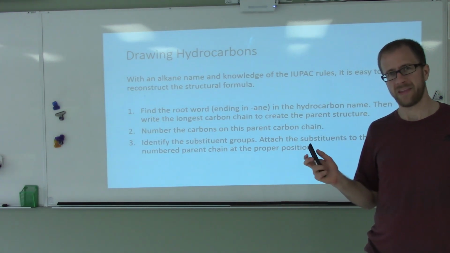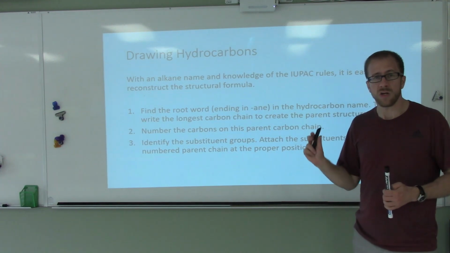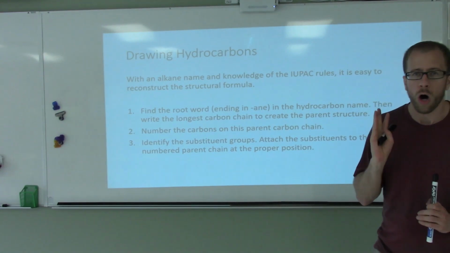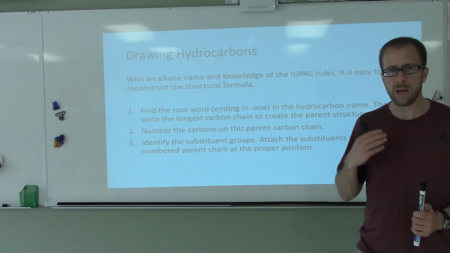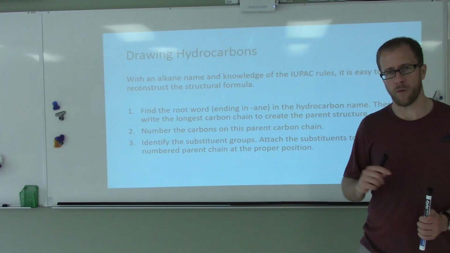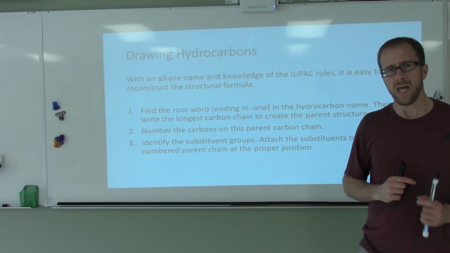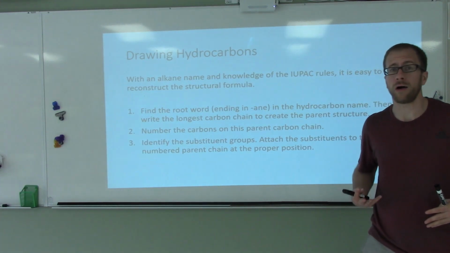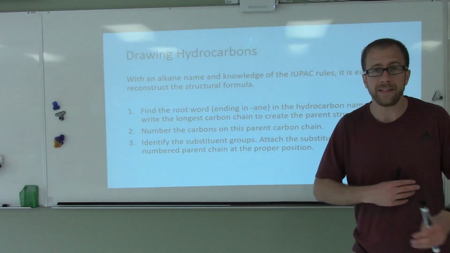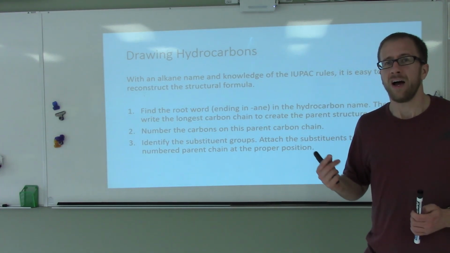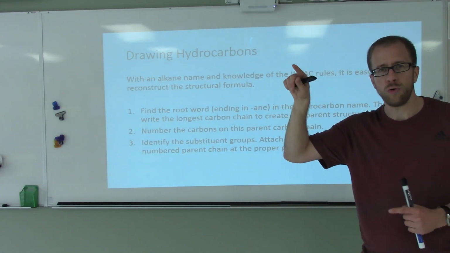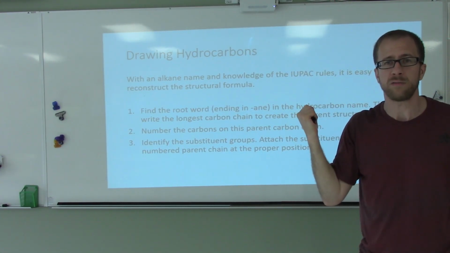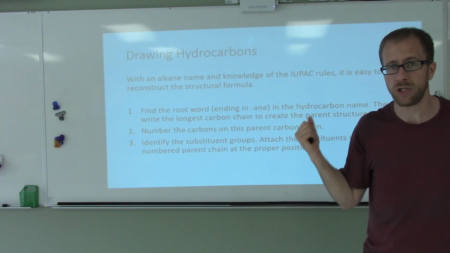That is it. So when drawing them, it is quite easy in my opinion, but there is one mistake that students always make. How many bonds can carbon form? It can form 4 bonds, right? So if it can form 4 bonds, why is it that students always tell me I have CH2, I have 2 substituent groups off of it, and our carbon is bonded to 2 other carbons in our parent chain, right?